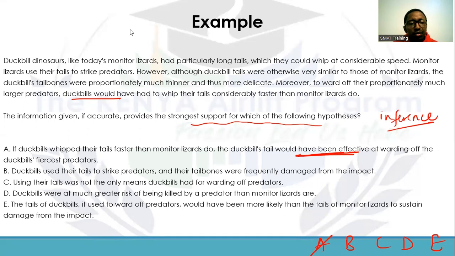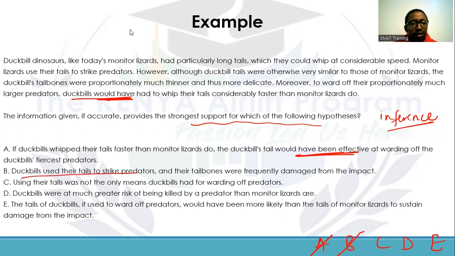B, duckbills use their tails to strike predators, and their tail bones were frequently damaged from the impact. You'll notice from the information here, we are talking about ifs. So they would have had to whip their tails considerably faster. Our stimulus doesn't tell us that they actually use their tails to strike predators, so we cannot infer this.